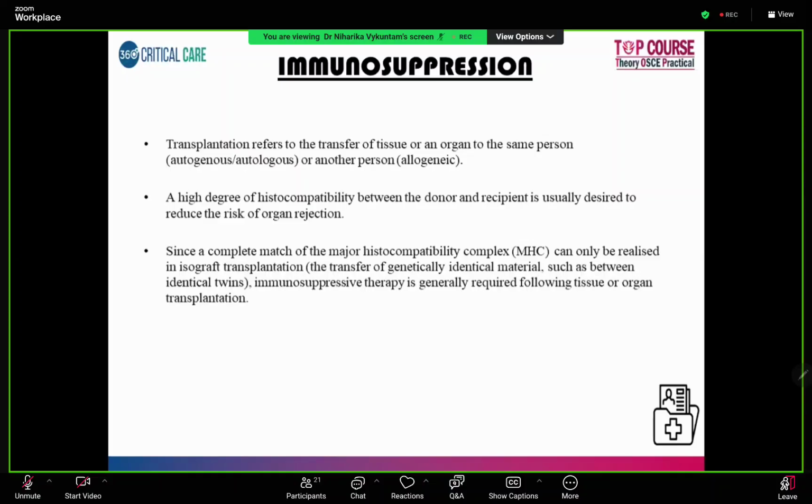The 100% matching can occur only if there is an identical twin, that is twin to twin transplantation of kidney. There will be 100% MHC matching, but in other patients that much matching is not possible, right? So there is more chance that the organ might get rejected. So in order to prevent this, we use immunosuppressive therapy.